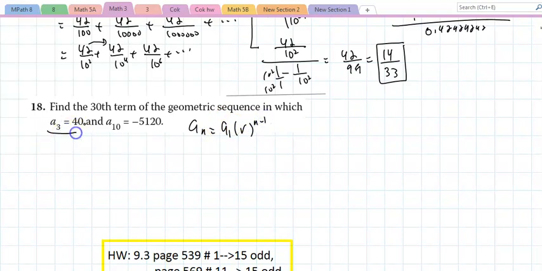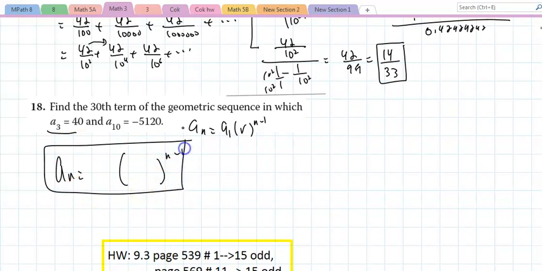A sub 3 is 10. So, a sub n, I need the first term, I need r, and I'm done. I need a sub 1, I need r. Well, let's see. A sub 3 is a sub 1 times r squared, and that is 40.